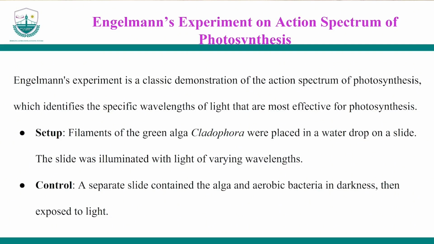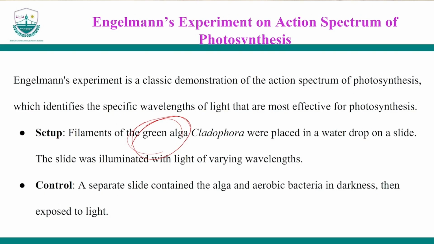So what he obtained, he got filaments of green algae. This means that this green algae is going to carry out photosynthesis. Okay, and then he placed it in a water drop on a slide, and then illuminated it. Means light was passed through that slide that contains the green algae.